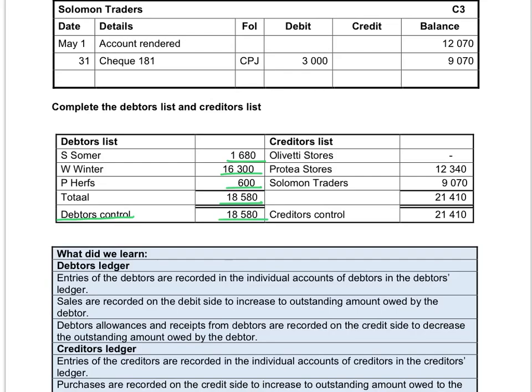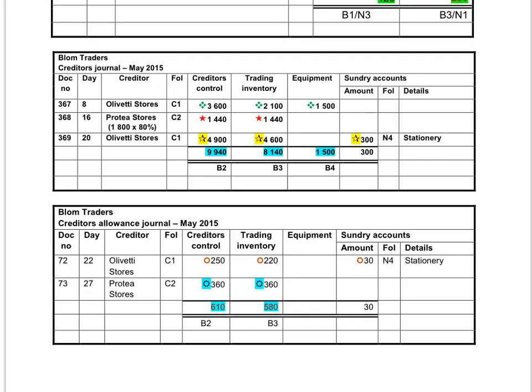The reason why they are the same is that the total sales, total credit notes, total receipts are posted to the debtors control account. So the debtors control account is basically a summary of all the entries in the individual accounts of your debtors.